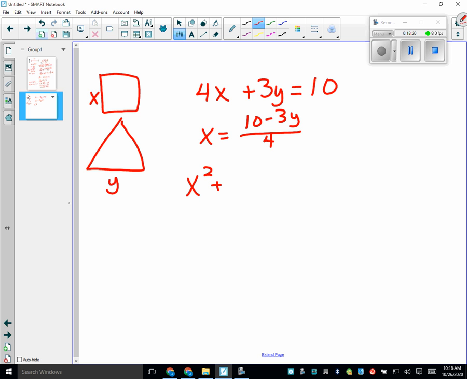Well, y would be the base, right? But we don't have a height. So Pythagorean. Let's think a minute. Is this angle 60? Oh, sine. So is this side y over 2?